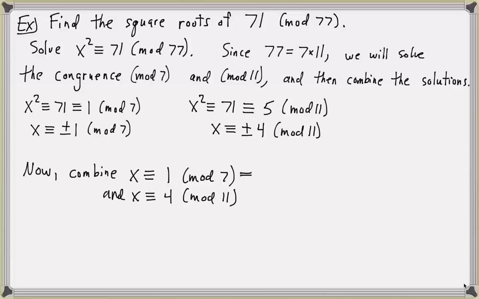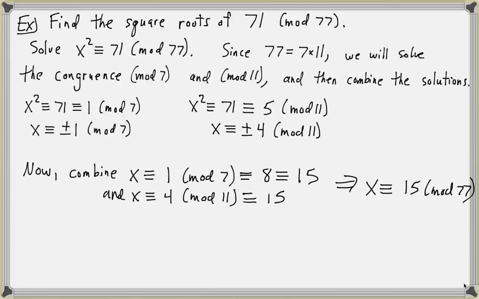I'm just going to keep adding the modulus until I get a common number. If I add 7 to 1, I get 8. If I add 7 again, I get 15. And now I notice that if I add 11 to 4, that's also congruent to 15. So we see that x congruent to 15 mod 77 is a solution to the original congruence.